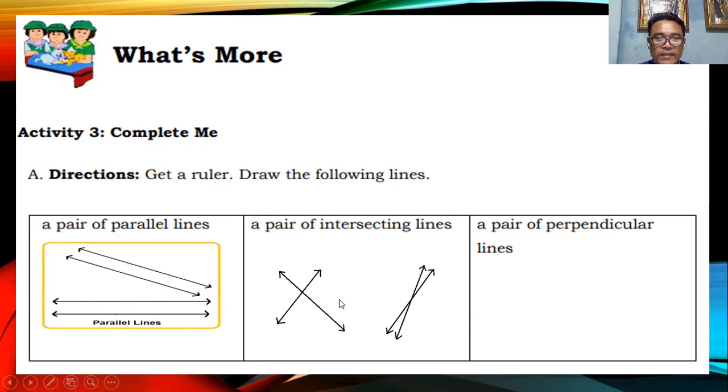Okay, it can be like this or like this. And a pair of perpendicular lines. Okay, perpendicular lines here has a square corner. Okay, this one, it forms a square corner which measures 90 degrees or a right angle.